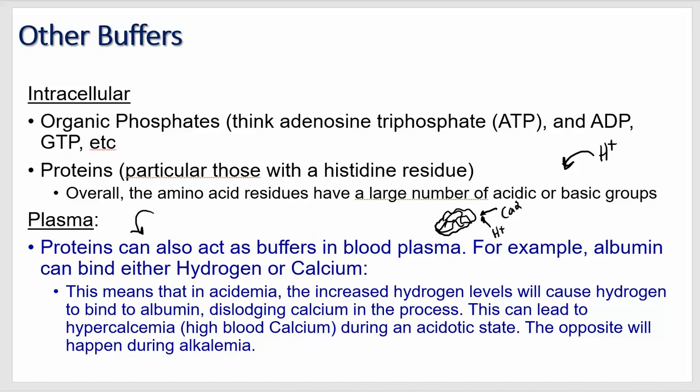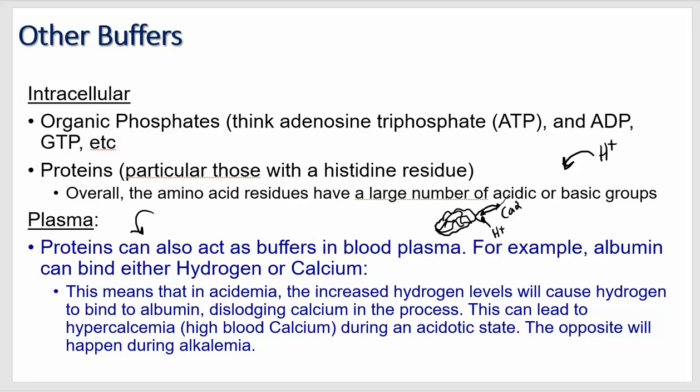So in acidemia, when you have high hydrogen levels, we're acidic, so our hydrogen concentrations are high, then you're going to be bouncing the calcium off.